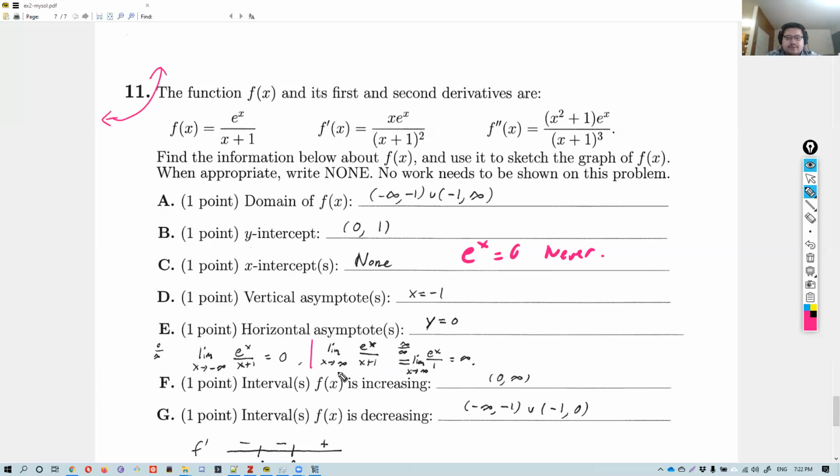On the other hand, if you're approaching positive infinity, then e to the x goes to infinity, and the denominator is going to go to infinity. And so you have infinity over infinity. That is an indeterminate form. And so technically, to calculate this, you want to use L'Hopital's. So then you end up with e to the x over 1 as x goes to infinity, and that is equal to infinity. So if you go infinitely to the left, you approach 0.